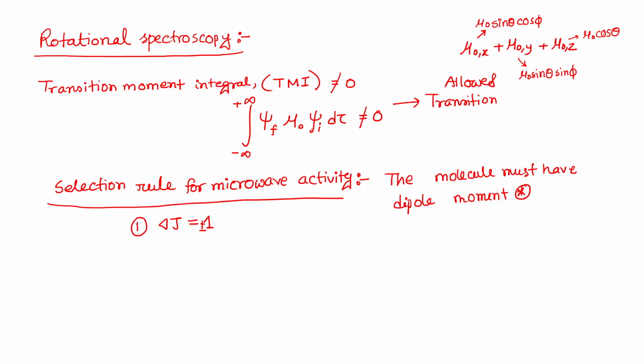Okay. So when you apply an external field, your operator is going to change. Some additional term is going to be added to it. We are going to discuss that during vibrational spectroscopy.